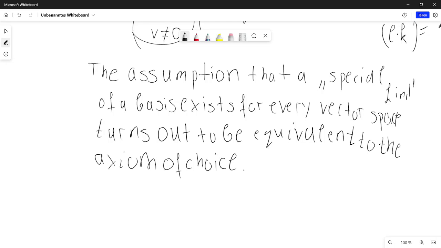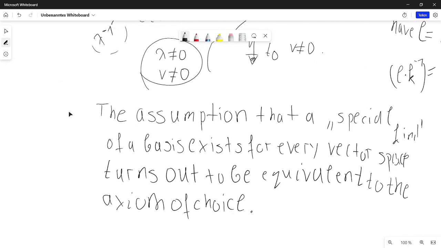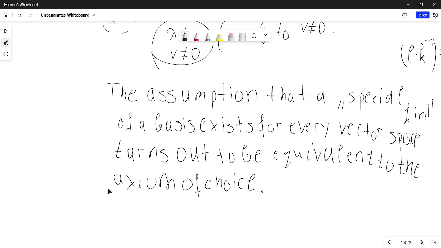It could be a theorem proved based on some assumptions, but somehow the axiom of choice will be involved. So usually we could assume always that a basis exists for every vector space. Respectively, we could prove it having the axiom of choice. And if we would manage to prove that, then it would mean that we have assumed the axiom of choice, even if we didn't know that we had, right? It's an interesting thing, actually, but okay. No need to get concerned about that.